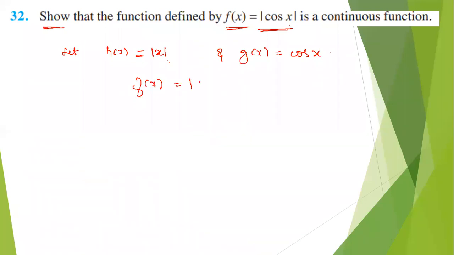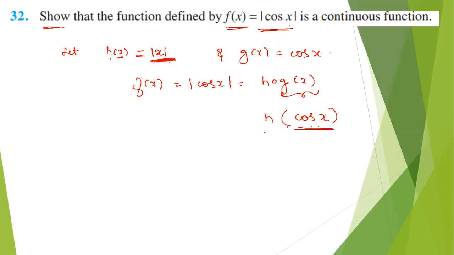F of x is modulus of cos x, that is nothing but h composition g of x, isn't it? What is h composition g of x? What is g of x? G of x is cos x. What will be h of cos x? See, h of any value is modulus of x. So here in place of x we have cos x. So h of cos x will be mod of cos x.